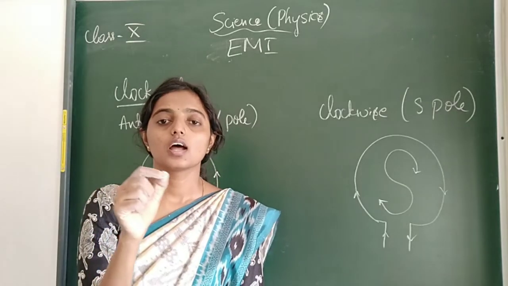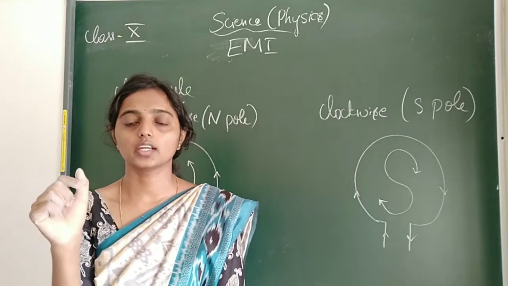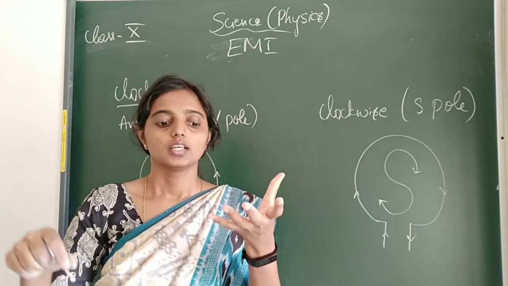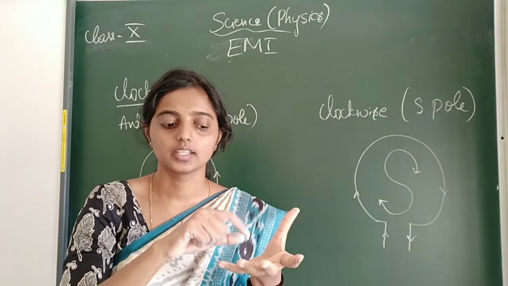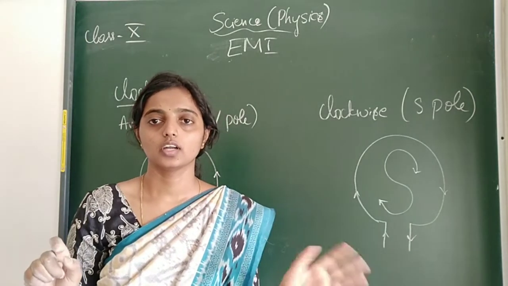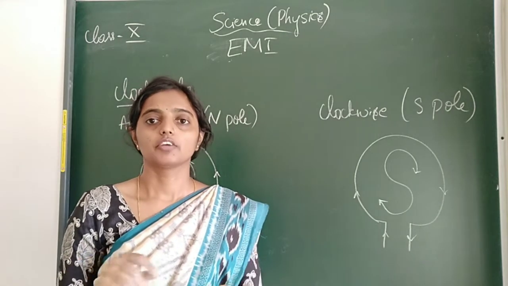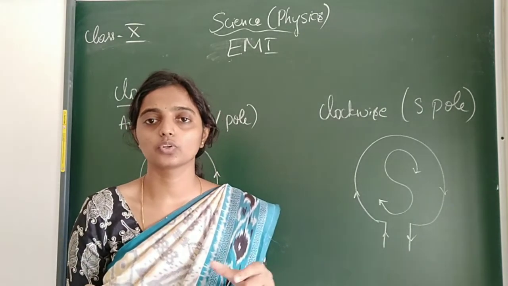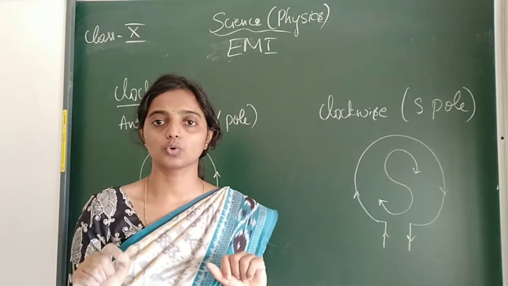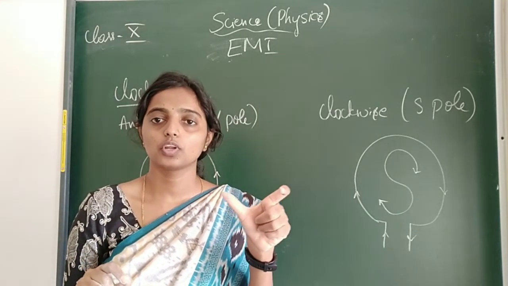As Hans Oersted told, if current is passed in a current-carrying conductor, then a magnetic field will be produced. We know that from the beginning of this chapter. If a magnetic field is produced, there will be one north pole and one south pole.